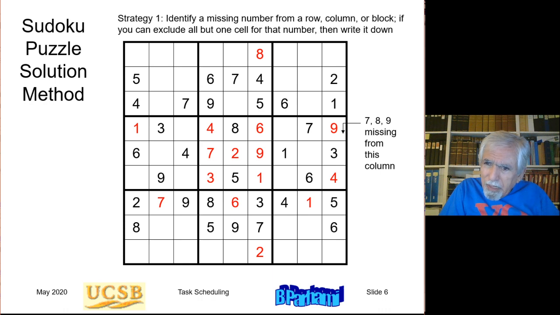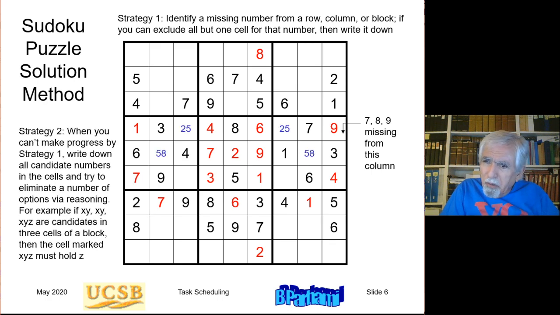Okay, now I can see that 7 should be put there. And the reason for that is that this row already contains a 7. This row already contains a 7. And this column already contains a 7. So the only place for 7 is there.